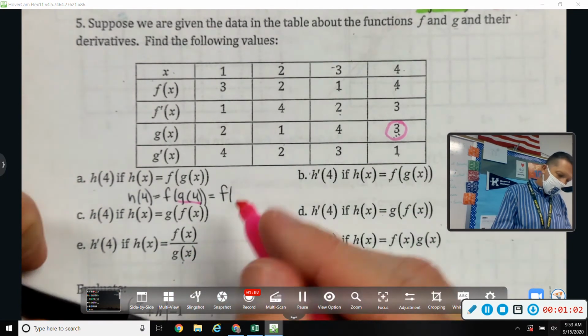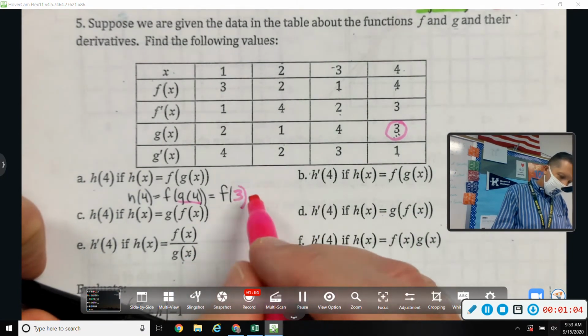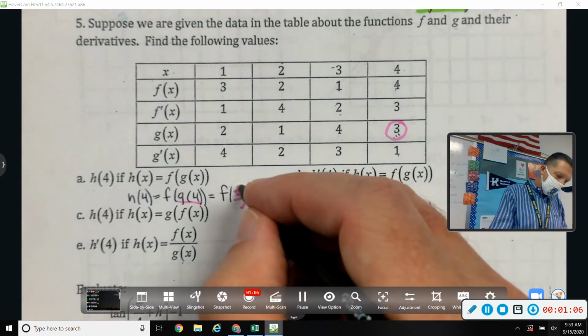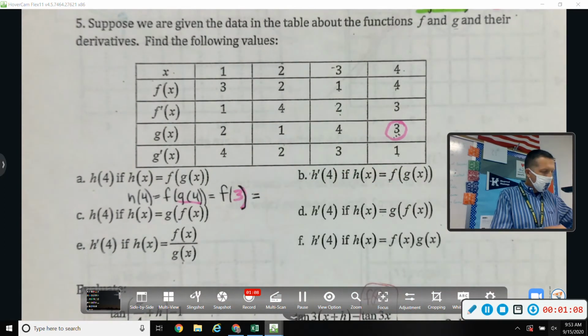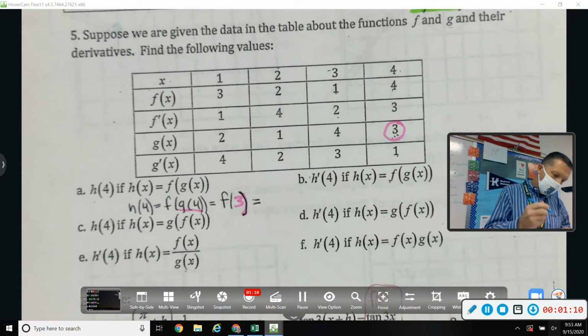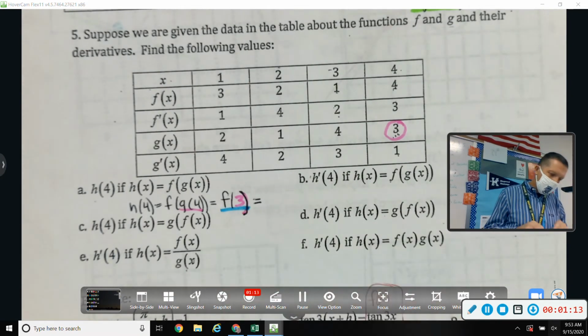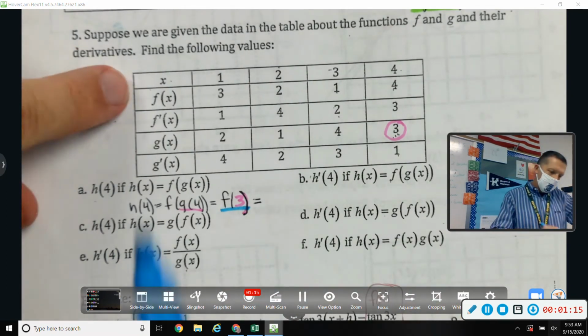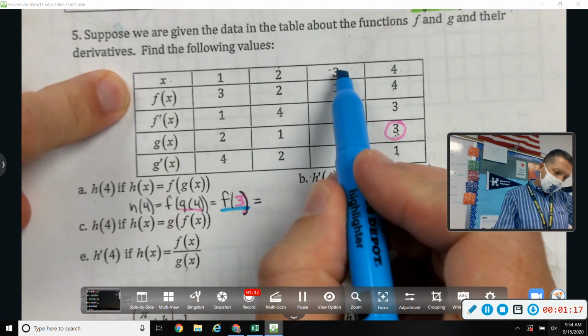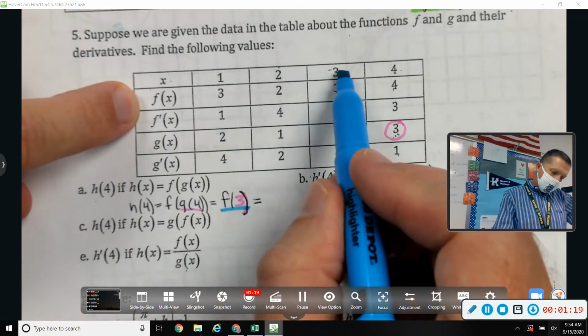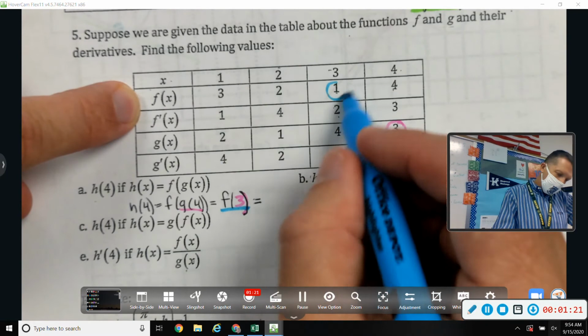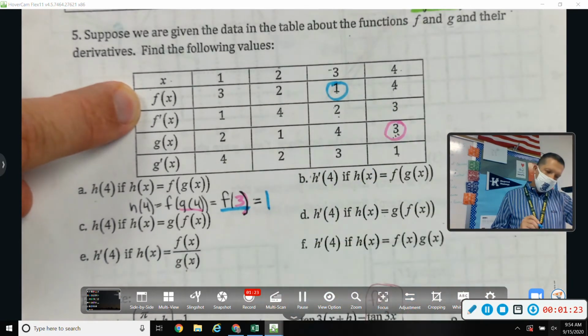So next I need f of 3. Well, f of 3 then means look at the f function, find where x is 3. So when x is 3, f is 1. So there's my answer.